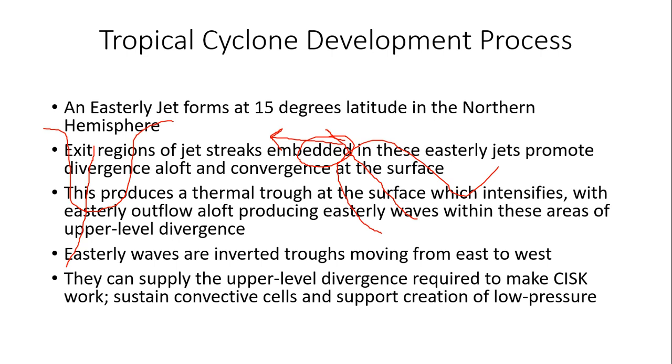And if the divergence is very strong, it will tend to increase the convergence at the low levels. What you get is a self-sustaining heat engine, so to speak. You get these continuous convective towering cumulus clouds. You get this heat energy being injected into the system, rising in the vertical, and then eventually you get the creation of low pressure at the surface.